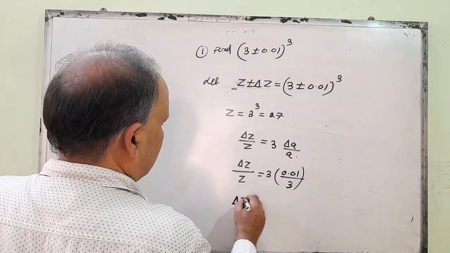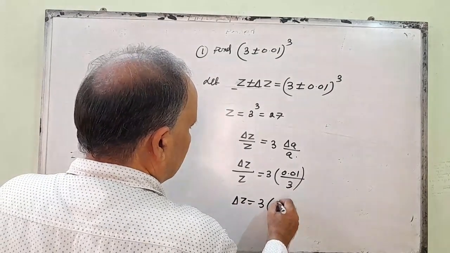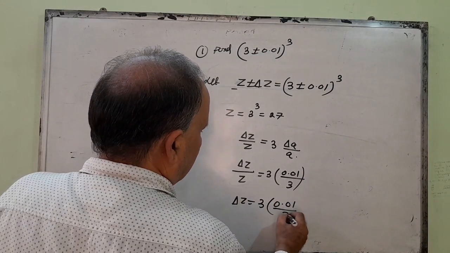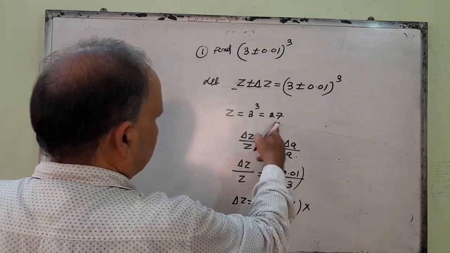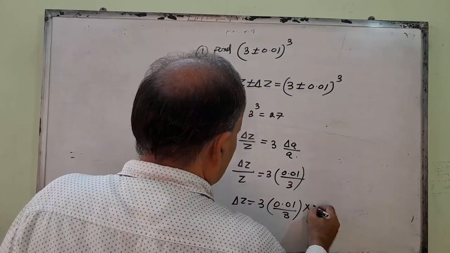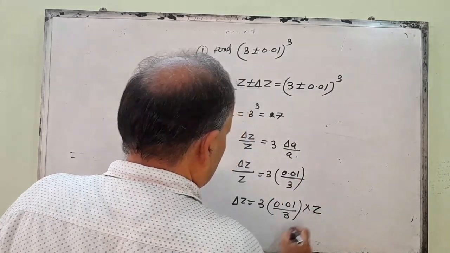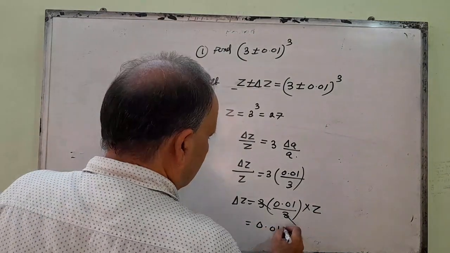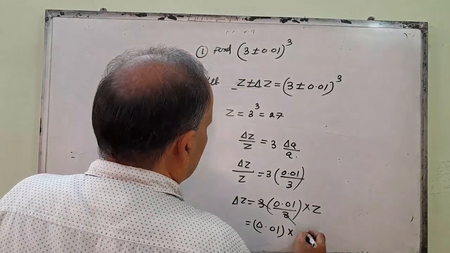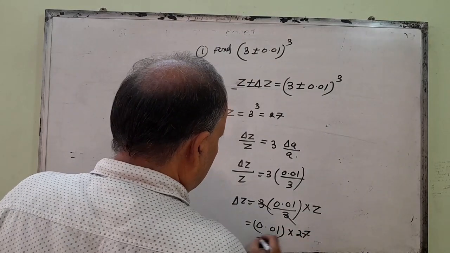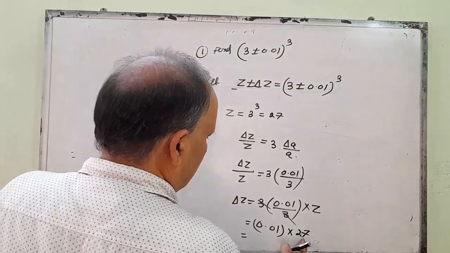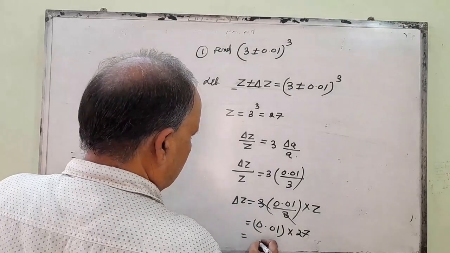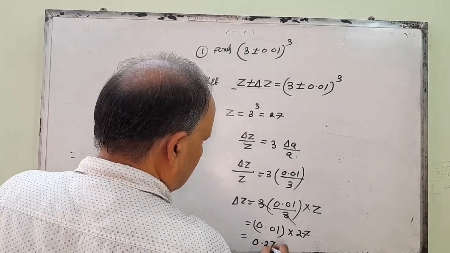So delta z is equal to what? 3 into 0.01 divided by 3, into z. You cancel, 0.01 into z. Z is your 27. That is your 0.01 into 27. That is your 0.27.